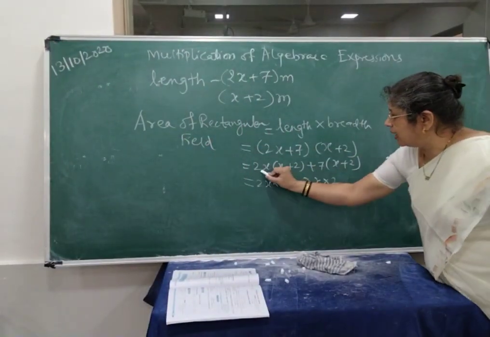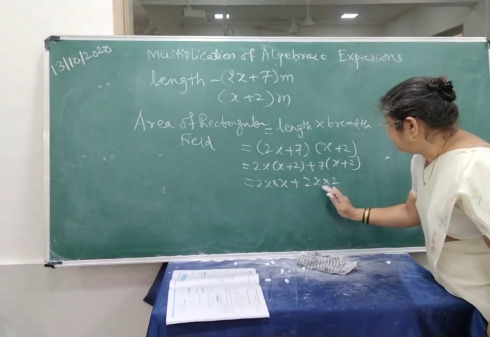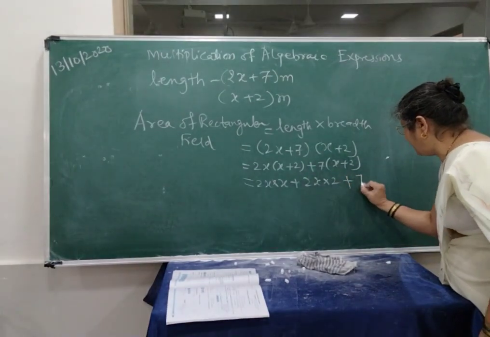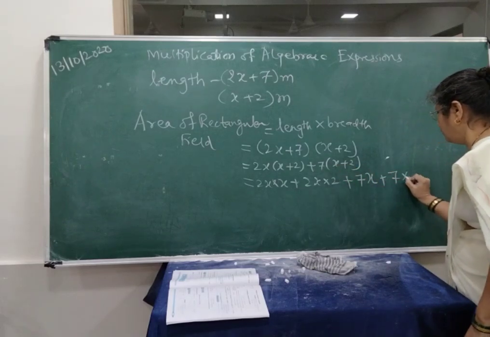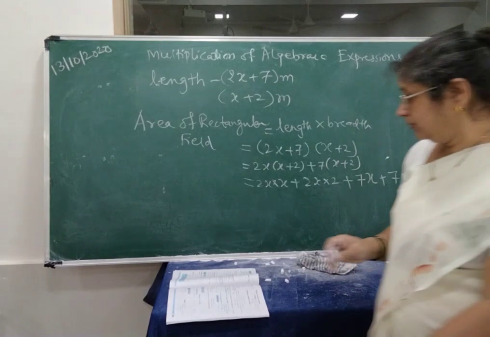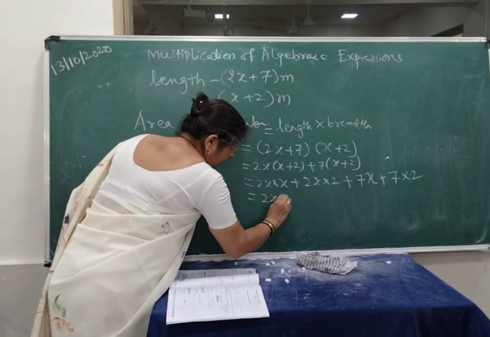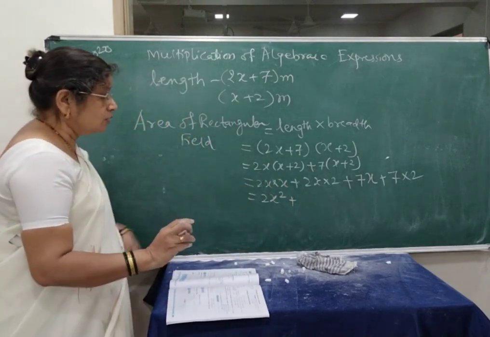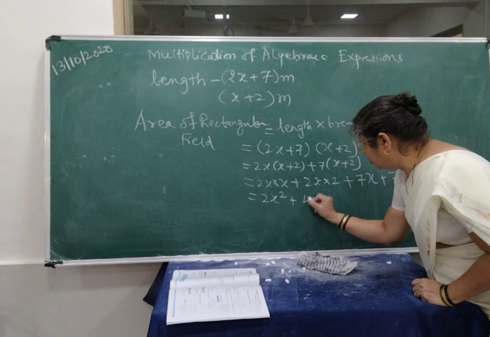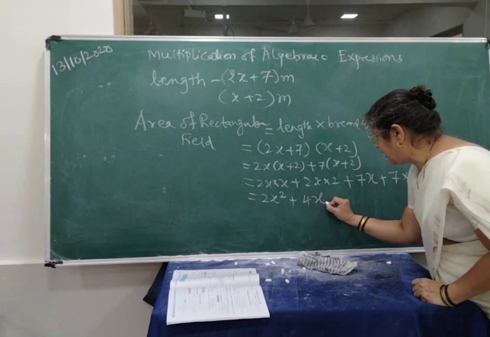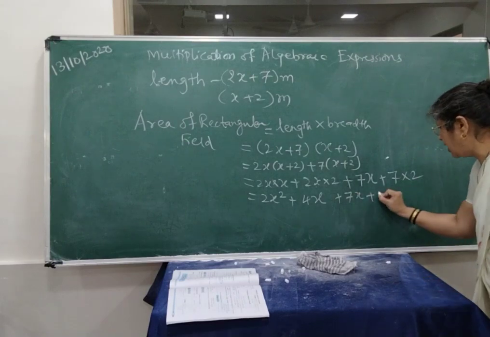Now 2x into x, 2x into 2, plus I will write 7 into x plus 7 into 2. Now 2x into x is 2x square, plus 2x into 2. So you will get 2 2s are 4, 4x, plus 7x, plus 7 2s are 14.